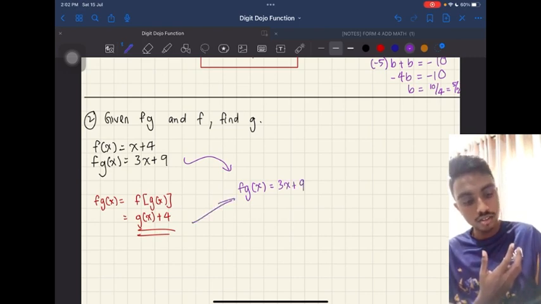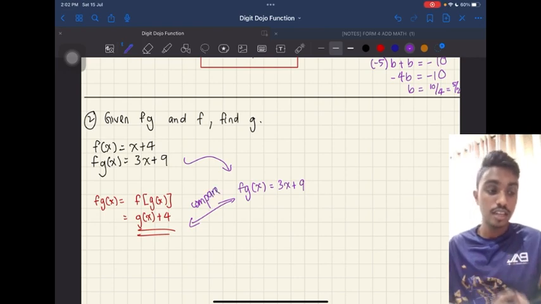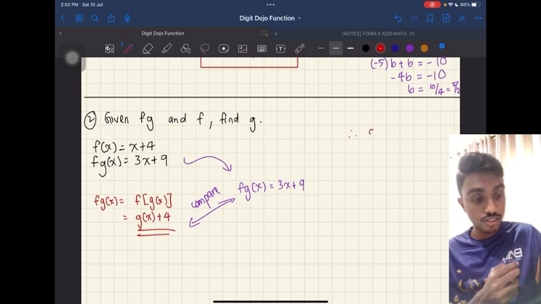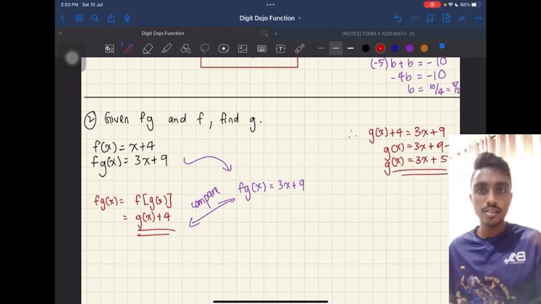So you can compare them, your fg(x) and their fg(x). It means g(x) plus 4 equals 3x plus 9, and your final g(x) will be 3x plus 9 minus 4. So your final g(x) is 3x plus 5. This is your final g(x).